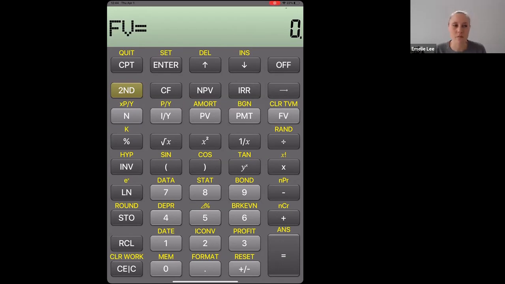I need to adjust my payment frequency and my compounding frequency. So second payments per year, monthly payments, right? 12, enter. And then the compoundings per year, now I'm drawing a blank.